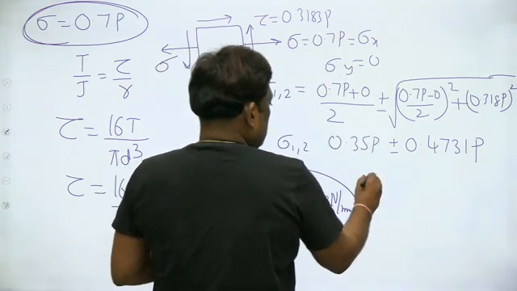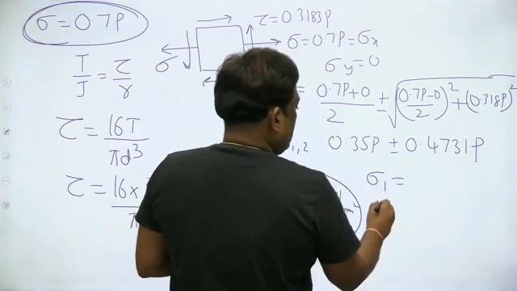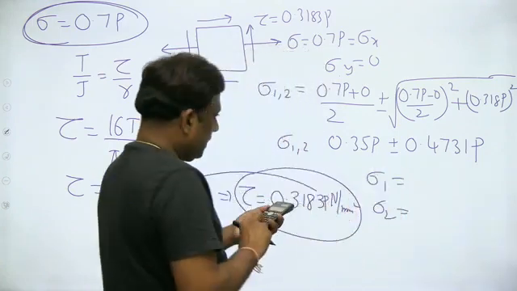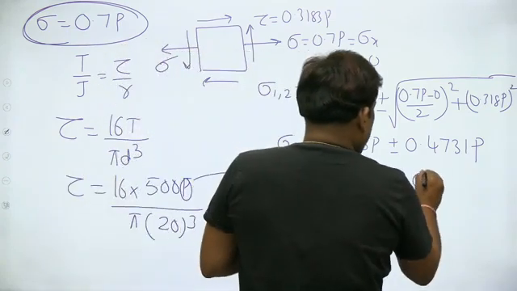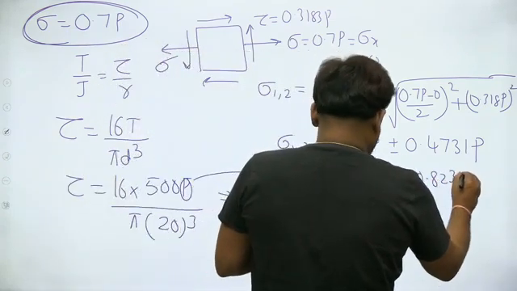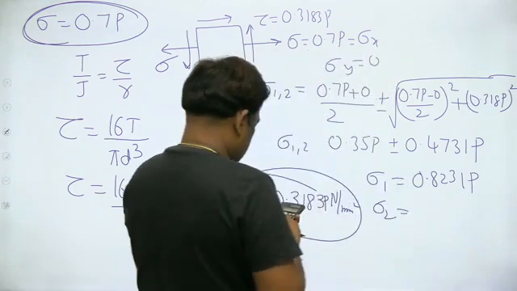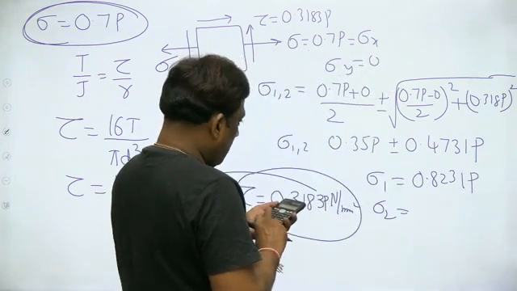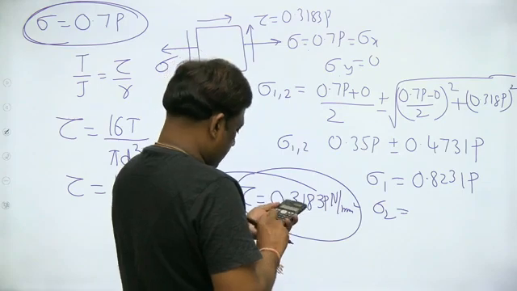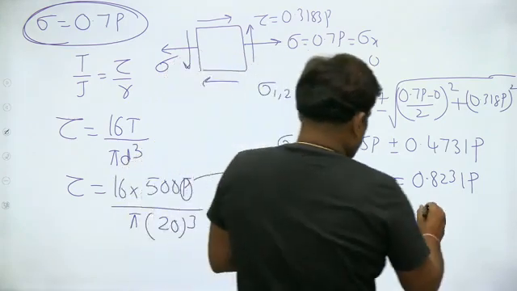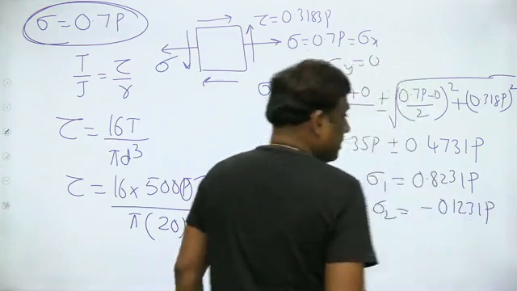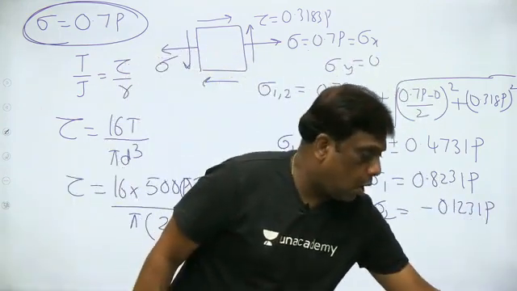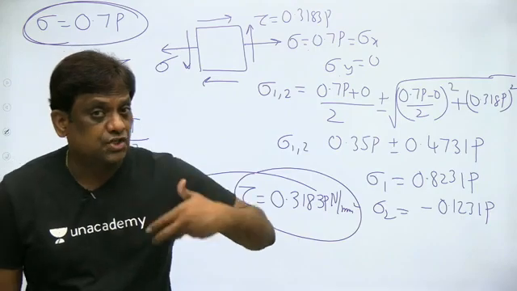Sigma 1 will be plus, sigma 2 will be minus. So 0.35 plus 0.4731 is 0.8231 p, and 0.35 minus 0.4731 is minus 0.1231 p. He is asking according to distortion theory.